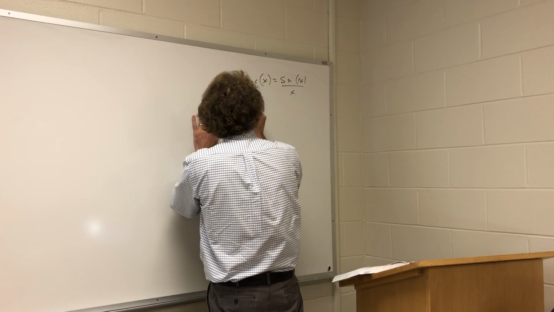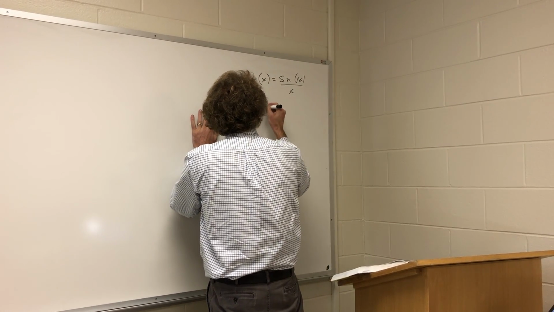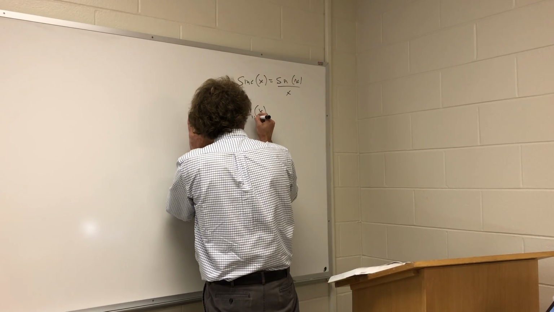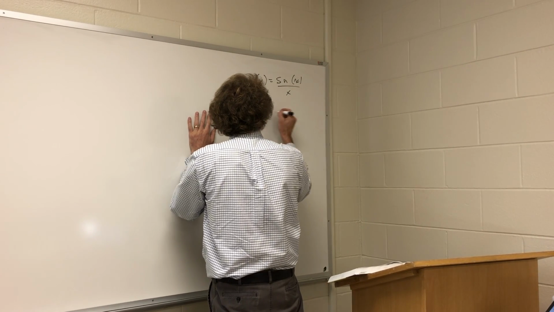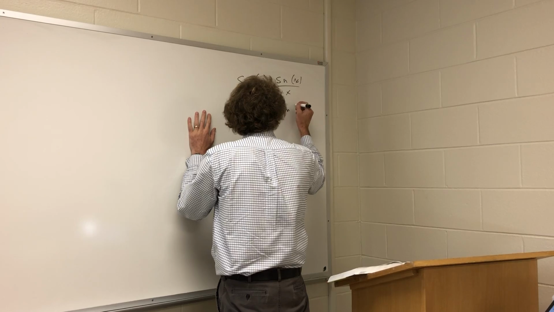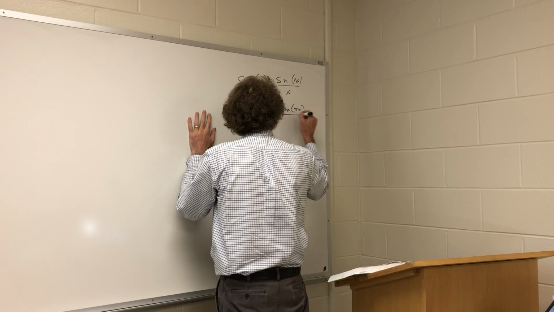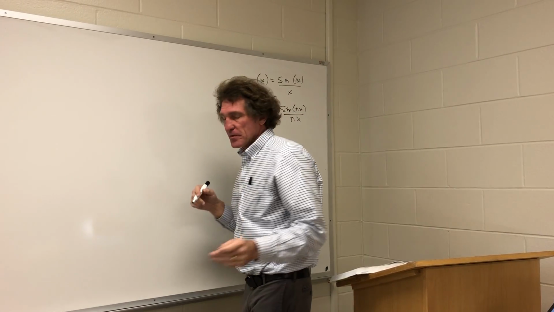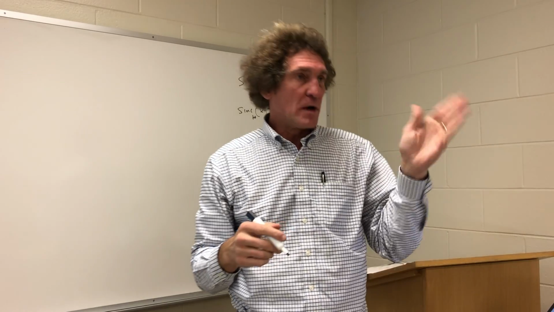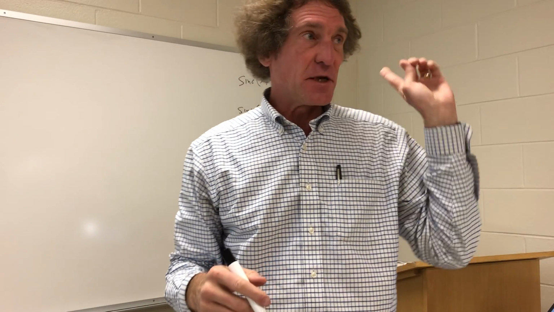His definition of sinc is sine of pi x over pi x. The reason they do that is then the zeros are at 1, 2, 3, and 4. It's only because it's easier to discuss. Y'all follow me on this?